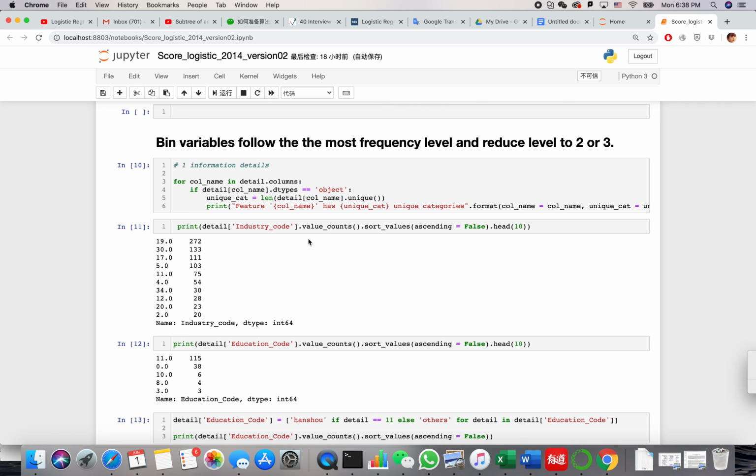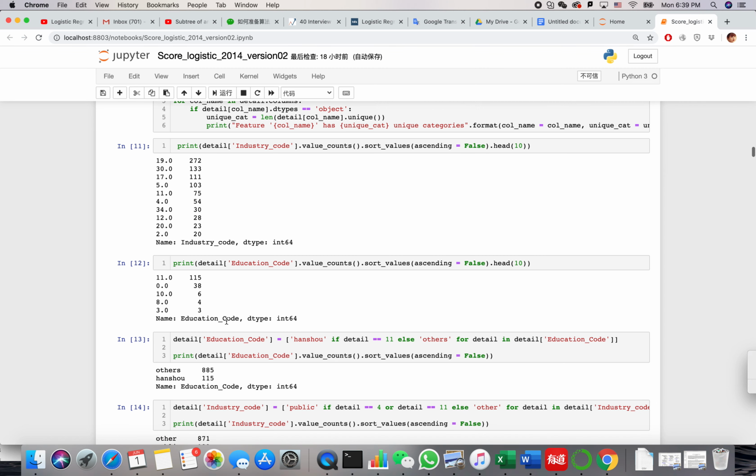So we sort the data and group them. We just need to use the top 1 or top 2, then we can set 2 levels or 3 levels. It's the same for education. We choose the first one or two as level 1 and then the others.